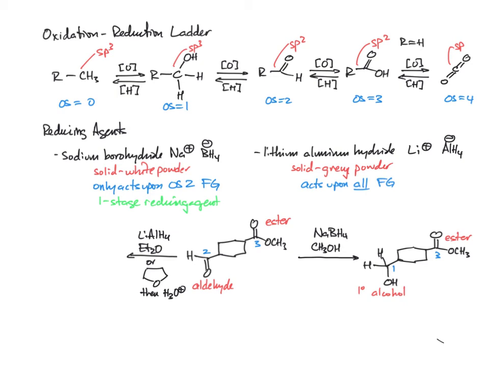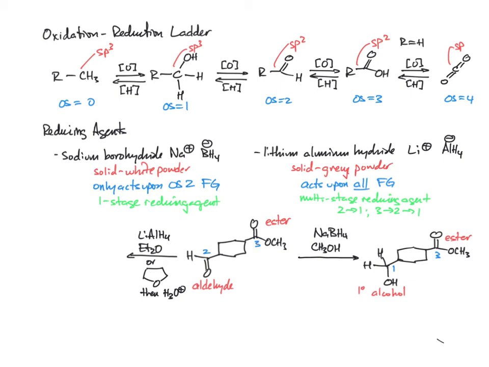This reagent, I'm going to say multi-stage reducing agent. And so what do I mean by that? So a 2 goes to 1, a 3 goes to 2, goes to 1. So we'll see that in terms of the ester.